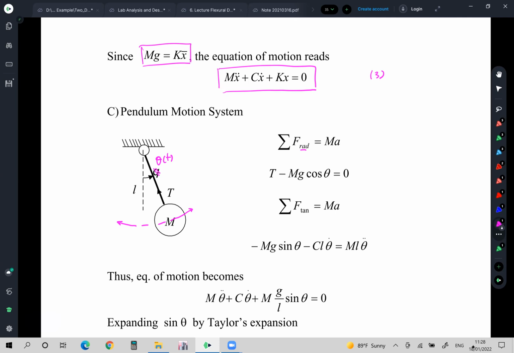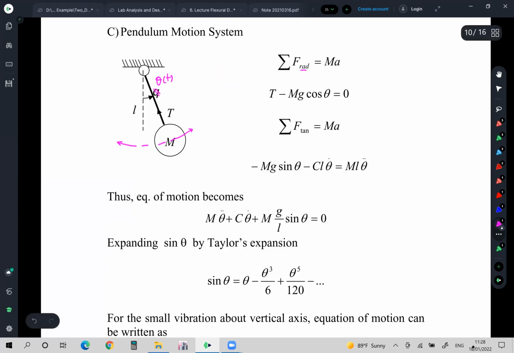Oh, I'm sorry. Along the tangential direction, summation of F tangential equals ma, you obtain minus mg sine theta minus cl theta dot equals ml theta double dot. And the equation of motion becomes something like this.